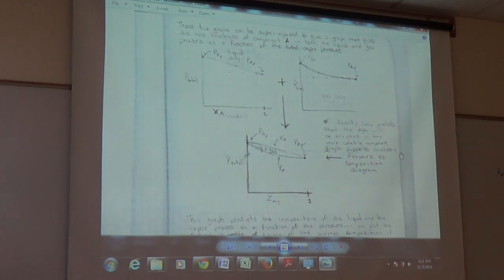And the relevant variables that we're going to be concerned with are pressure, temperature, and mole fraction.